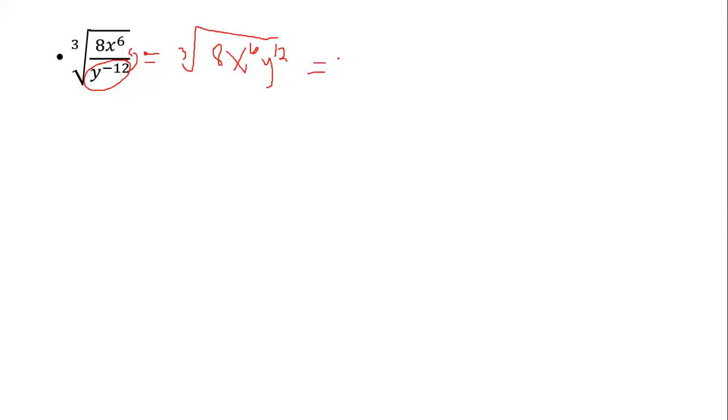Pagkatapos niyan, yung 8 po, pwede po natin isulat yan into an exponential expression. So yung 8 is equivalent to 2 cubed. Then we have x raised to 6. Then we have y raised to 12. So magka-cancel-cancel na lang po tayo dyan, yung 3 na exponent at saka yung index.